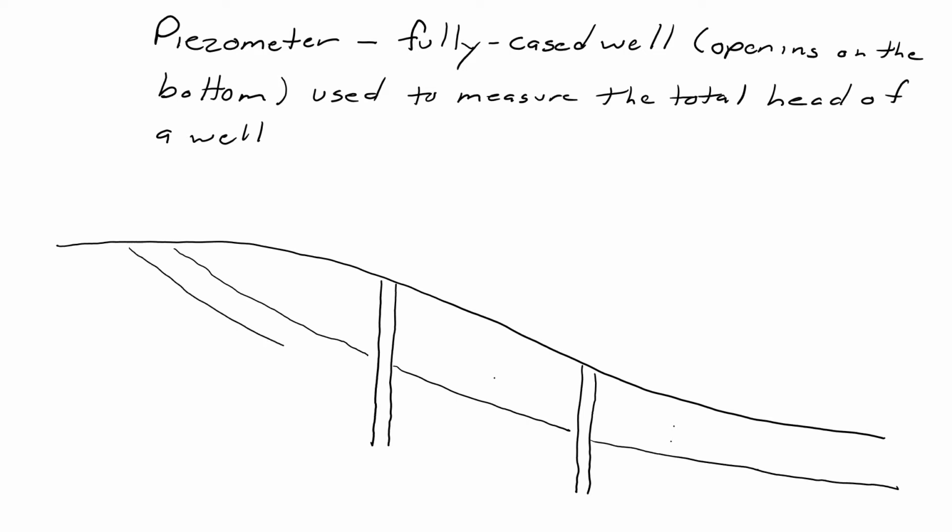These piezometers are tapping into a confined aquifer. So I'm going to put in a confining layer here, most likely a shale, that allows pressure to build up in the aquifer below.